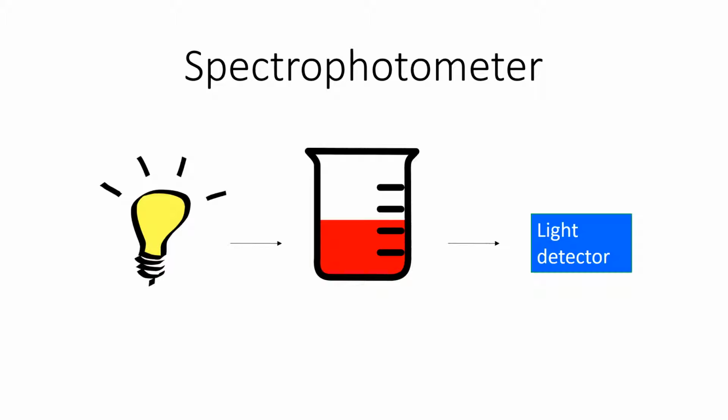The very cool thing about this, we can quantify the malic acid in the wine based on the amount of light that was absorbed by the solution. So we take the light that was shining, we subtract the light that passed through, and that gives us the amount of light that was absorbed by the solution.